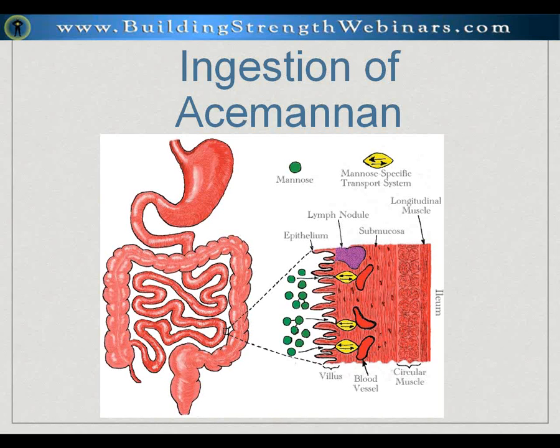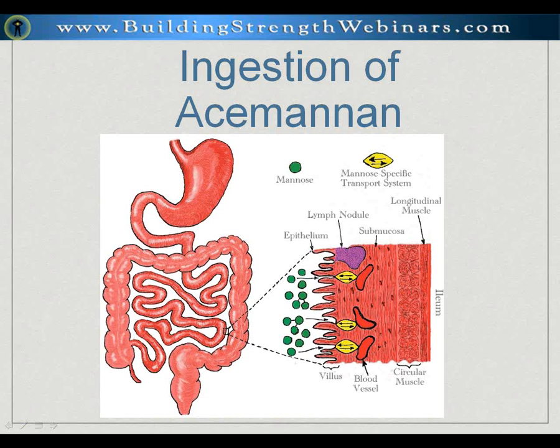These have been identified, and they're able to find mannose and move it into the bloodstream. Why would nature design such a system if it wasn't important? And there's a lot more glucose than mannose. So with very low concentrations of mannose, the bacteria help digest and break down the polymannans into mannose, and then it's pumped into the blood.